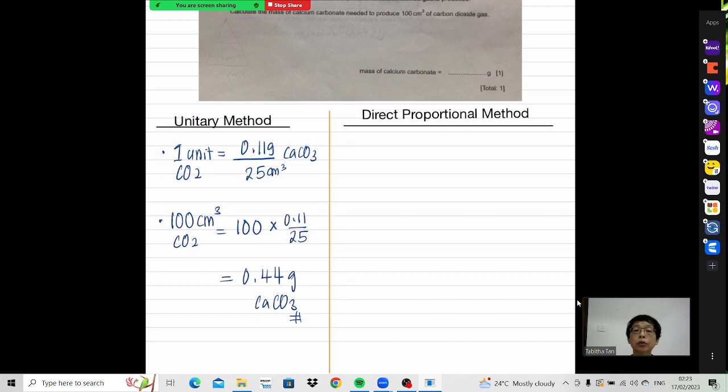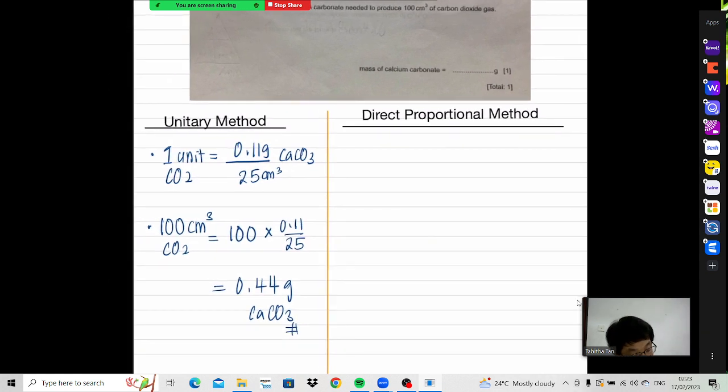Let's hop on to the direct proportional method. I'm going to put here the calcium carbonate producing the CO2. So just list down how much calcium carbonate: 0.11 gram, producing how much? 25 cm³ of carbon dioxide.